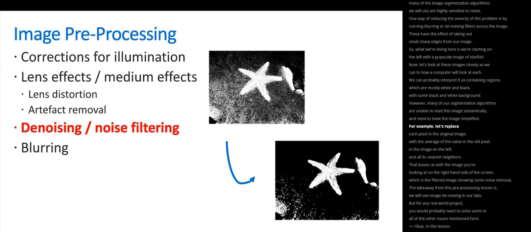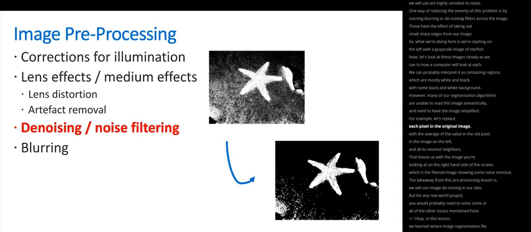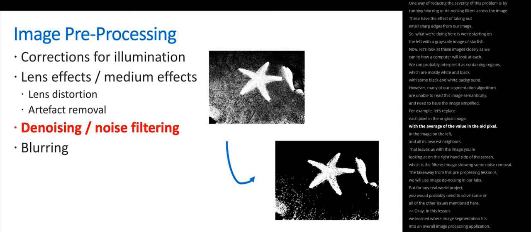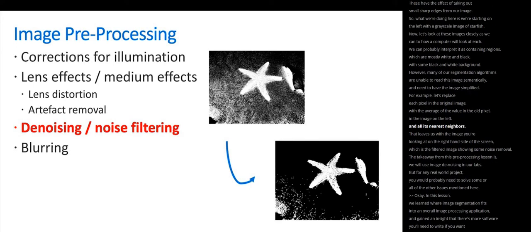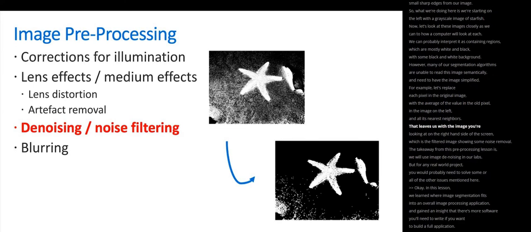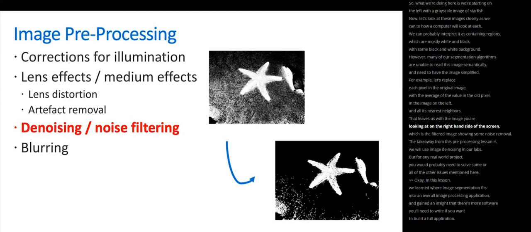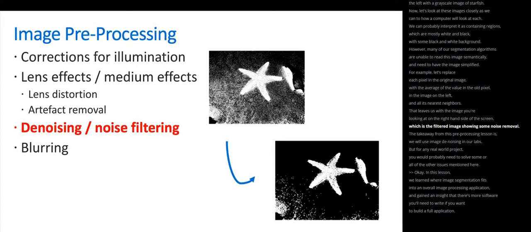So, for example, let's replace each pixel in the original image with the average of the value in the old pixel in the image on the left and all its nearest neighbours. That leaves us with the image you're looking at on the right-hand side of the screen, which is the filtered image showing some noise removal.